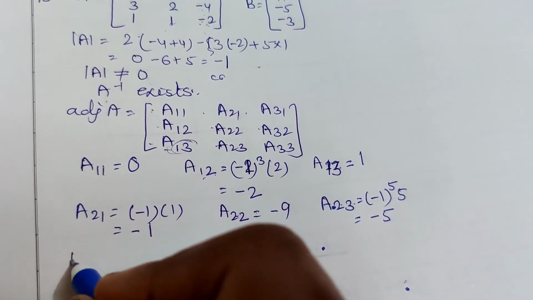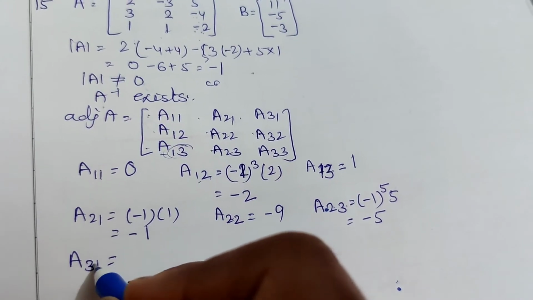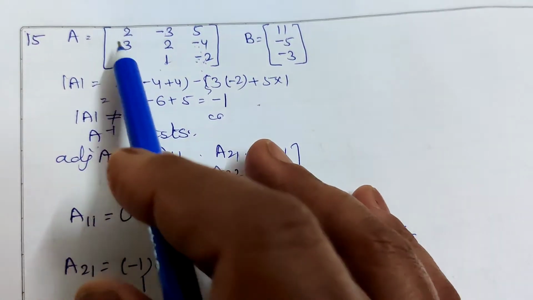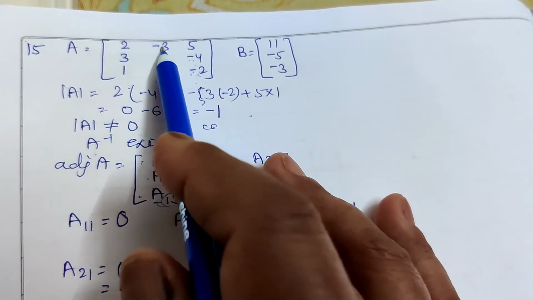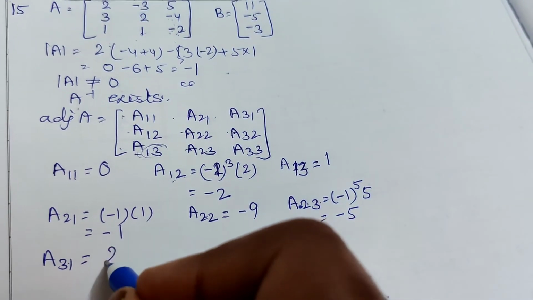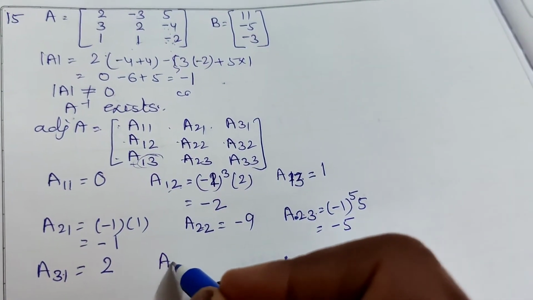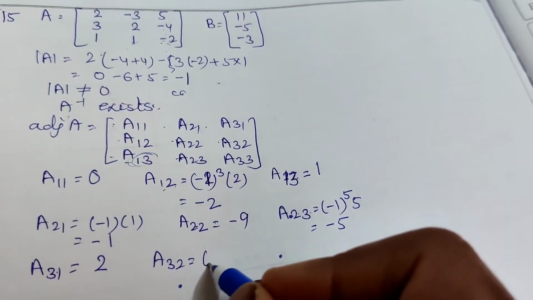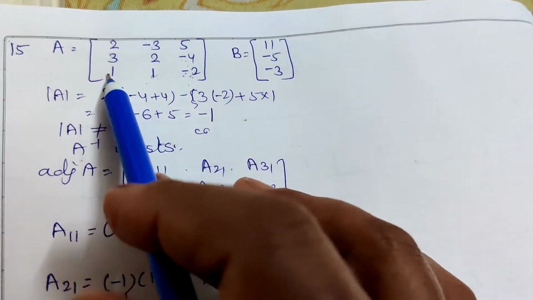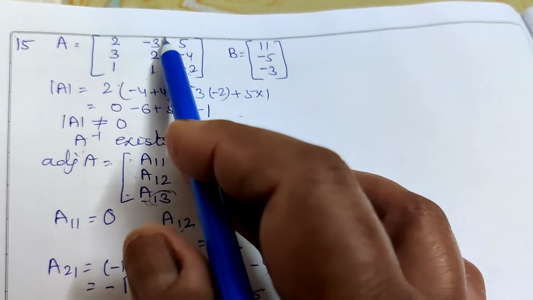Now A31. A31 is a positive value, 3 plus 1, 4, it is positive. Third row and first column. Plus 12 minus 10, it is equal to 2. A32 will be negative because minus 1 raised to power 3 plus 2, 5. Now eliminate third row, second column.